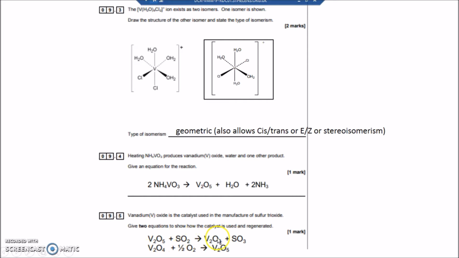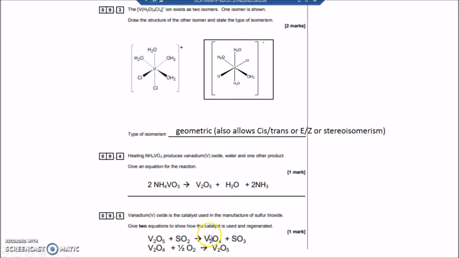The only other oxidation state that we know of as an oxide is vanadium 4. 4 minus 2s for the oxygens, minus 2 oxidation state for an O, remember, because it's in group 6, gains 2 electrons, 2 minus charge, so 4 minus 2s is minus 8. So 2 4s, that's in oxidation state plus 4, 2 V's.